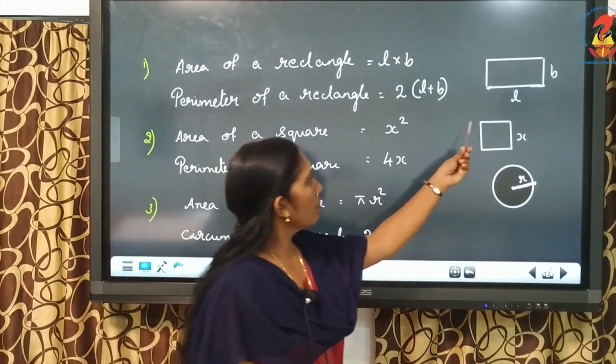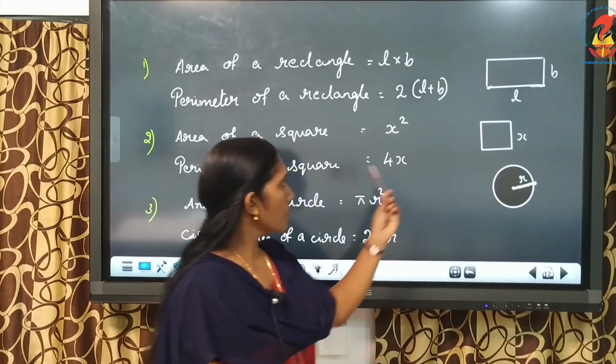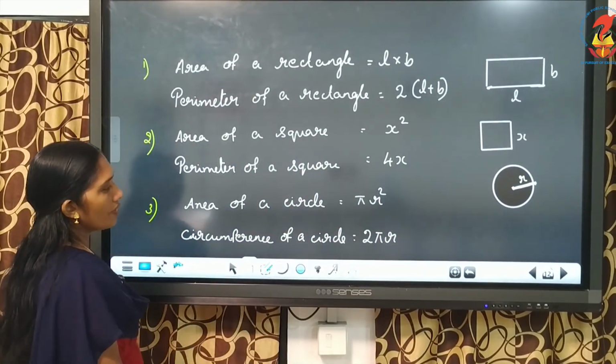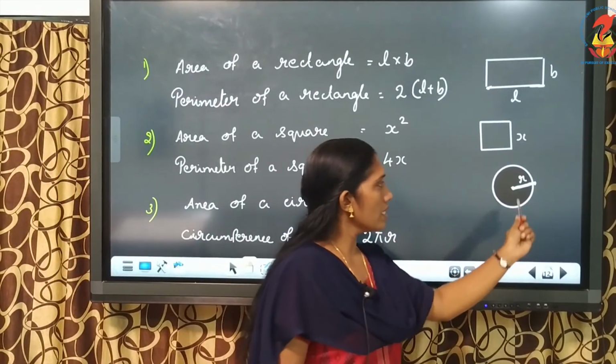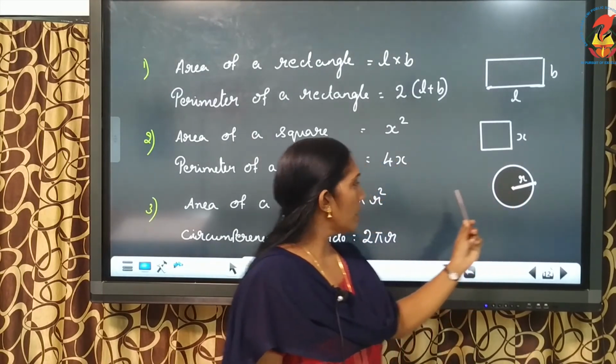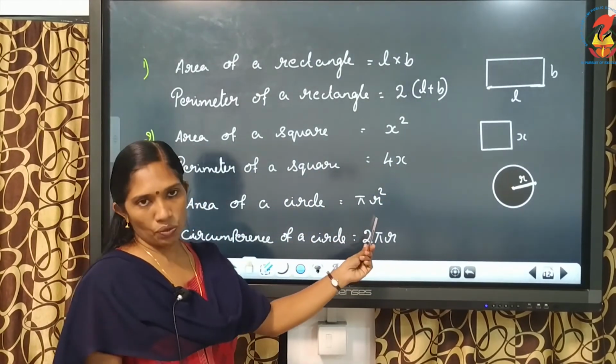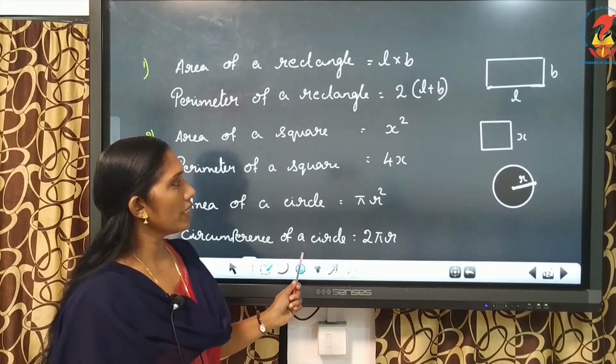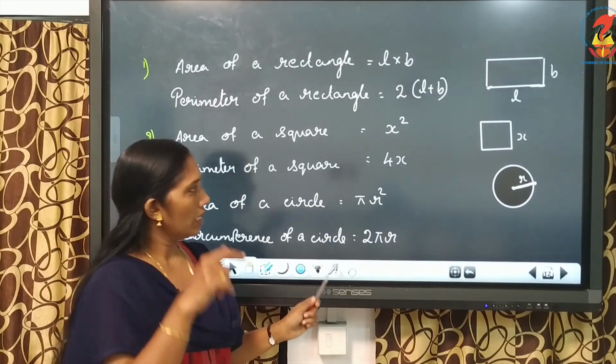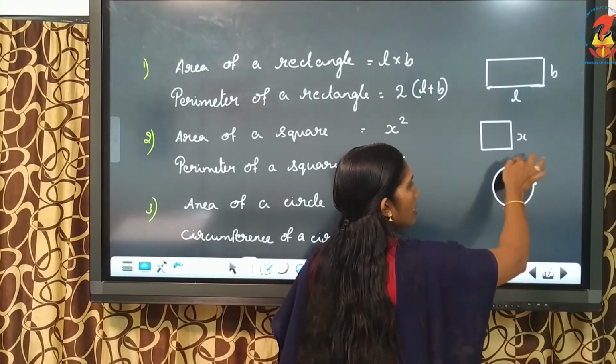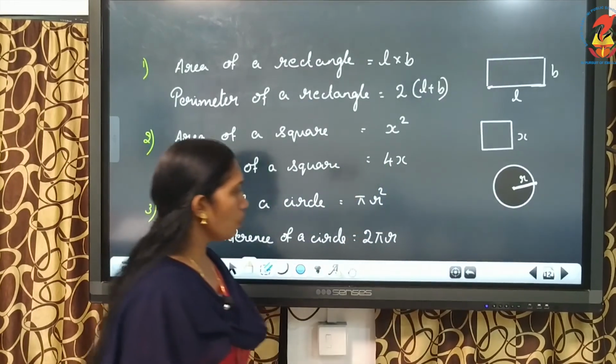Perimeter of the square means 4 sides, 4 into side. Then area of a circle, circle means its radius r, pi r square is the area, and circumference or perimeter, the outer measure, what is the length of this, that is 2 pi r.